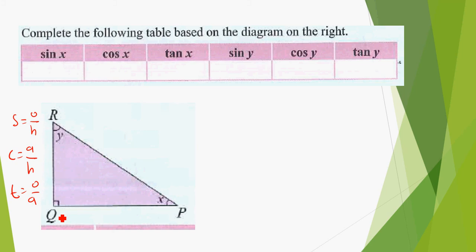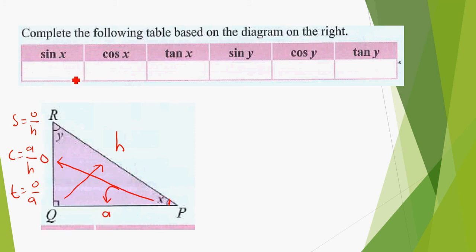So for X, angle X is here. This is always the hypotenuse because it is opposite the right angle. Now the opposite for X is here, and the adjacent for X is here.